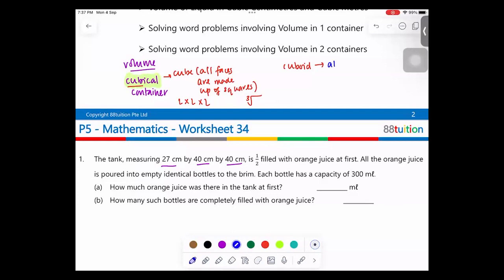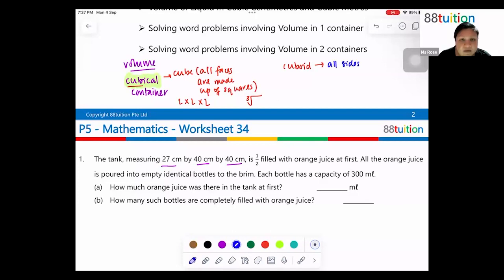All sides are different. Okay, so a cuboid can be like that. It's possible to have a cuboid with a square face, but a different height. Possible to have a square base, but the height is different.